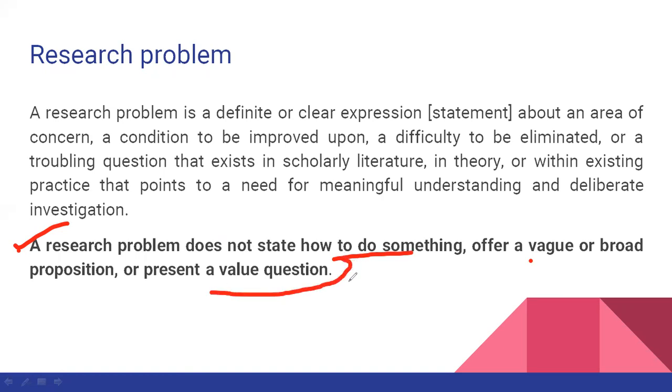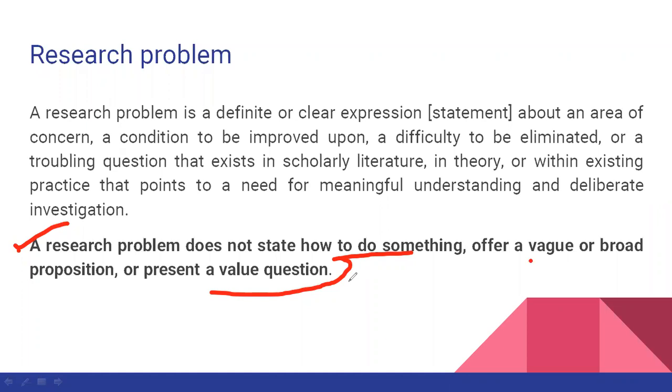So it is exact research problem, but it means that you are just stating a kind of problem to be solved through some research work, through some investigation, but actually you are not showing how to do that.